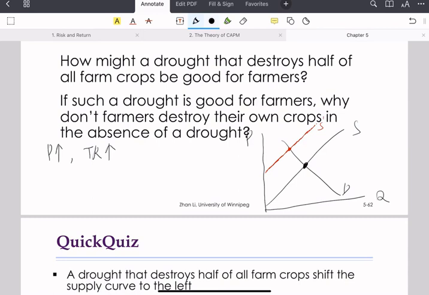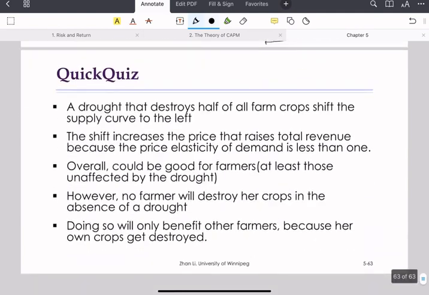Because if other farmers destroy their crops, then the price will be higher. And if you keep your crops, you could sell your crops at a higher price. Right? So that's why you don't want to destroy your own crops.